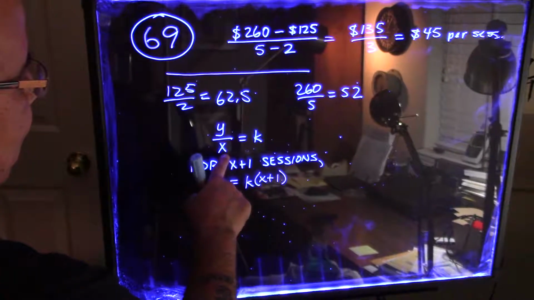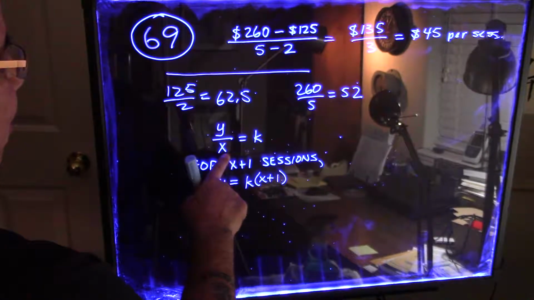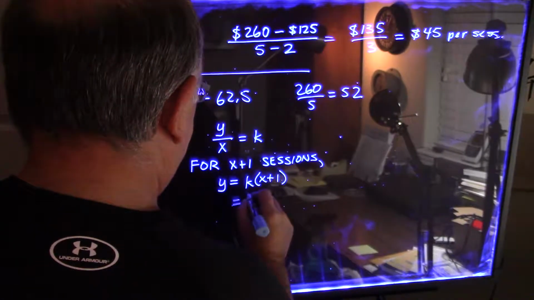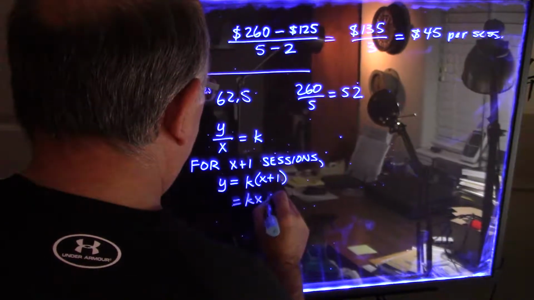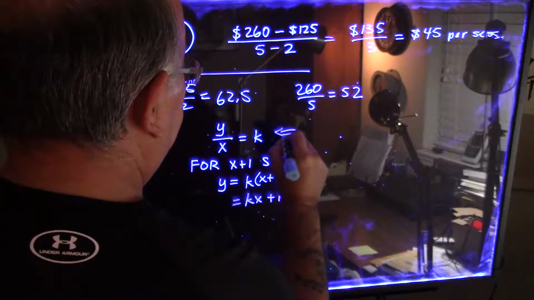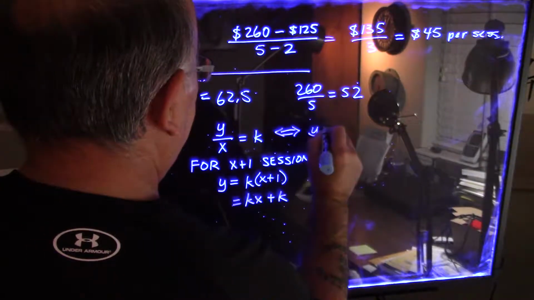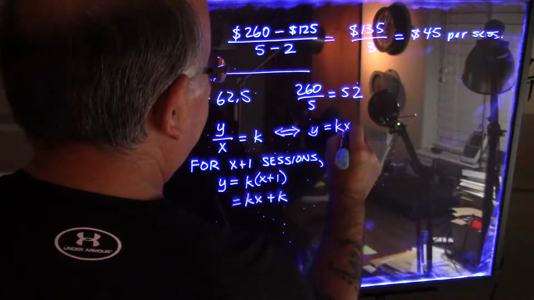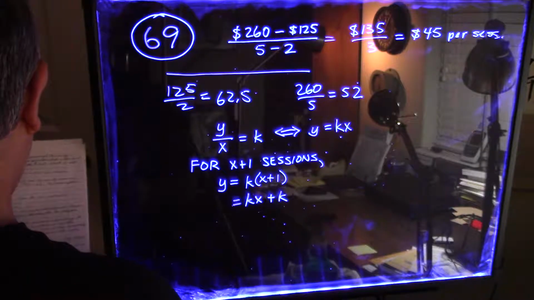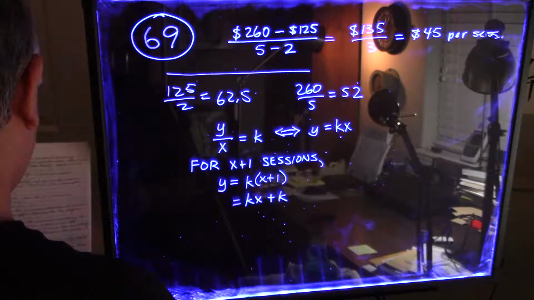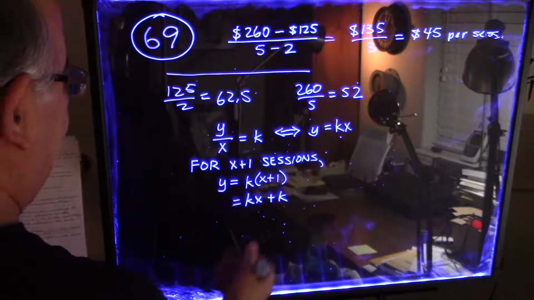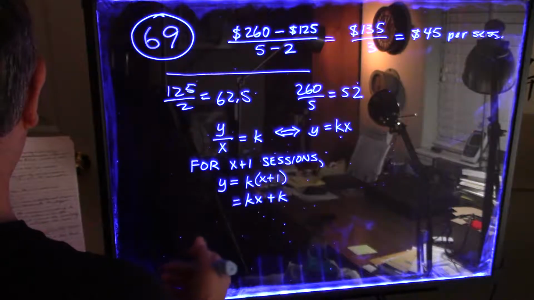So in other words, put x plus 1 here and then multiply both sides by x plus 1, and you get this. And that equals kx plus k. Now over here, you've got y equals kx. But here you have kx plus k, so you just add another k dollars for each additional lesson.